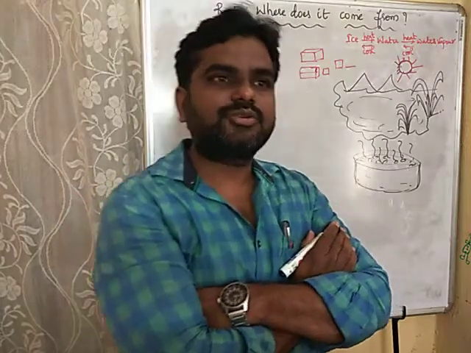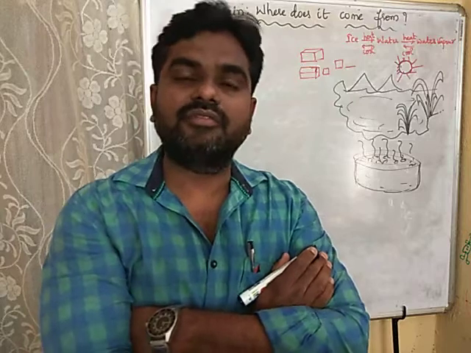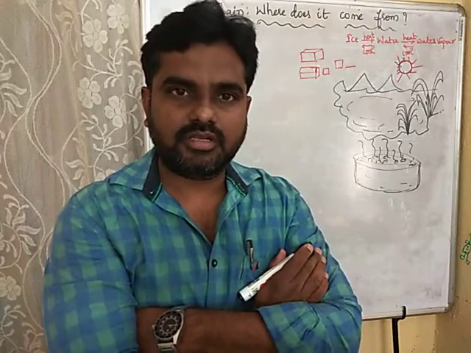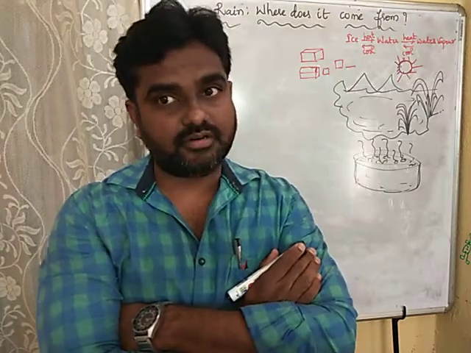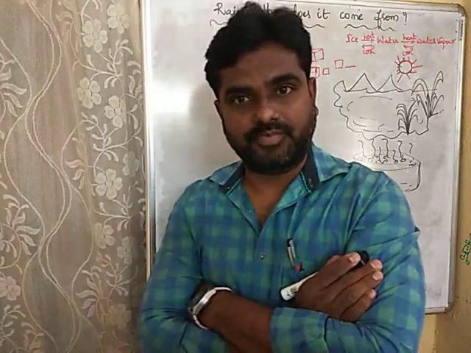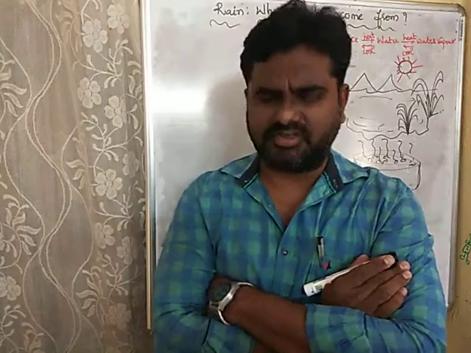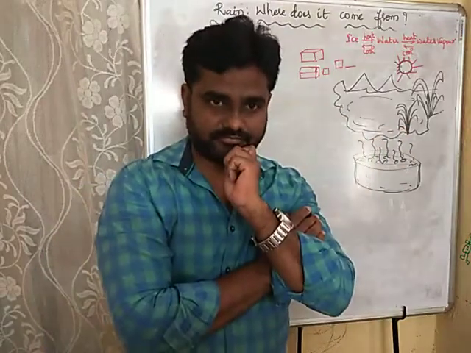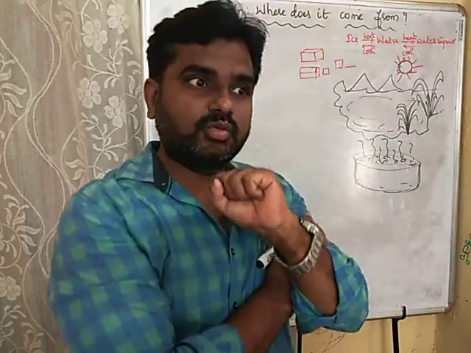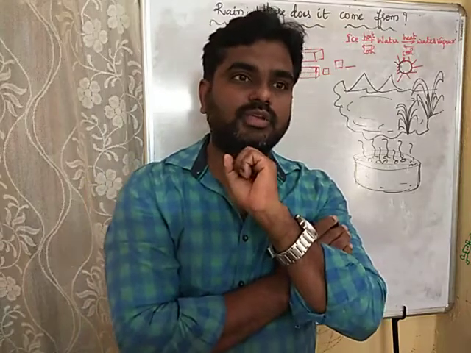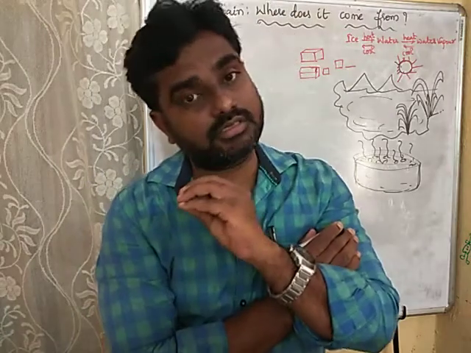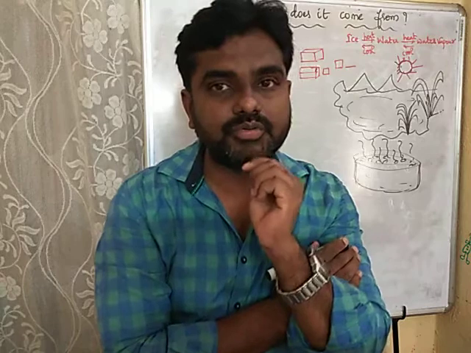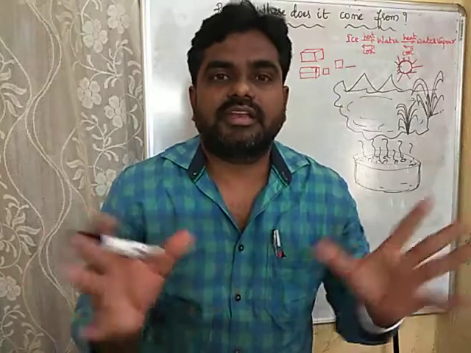Right. So naturally, where is it coming from? Have you ever thought or imagined where it comes from? Rain is nothing but what? Yes, it's water. So to avoid getting drowned in the water, you use different types of things or materials.